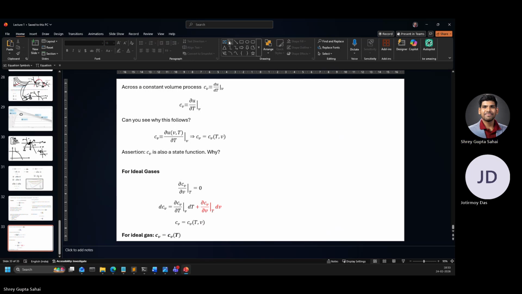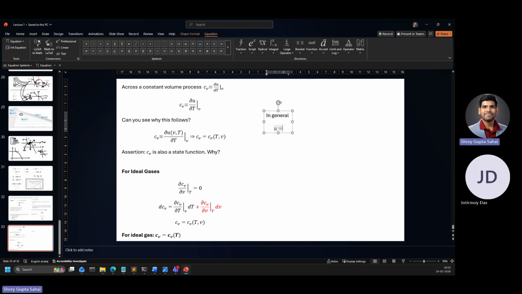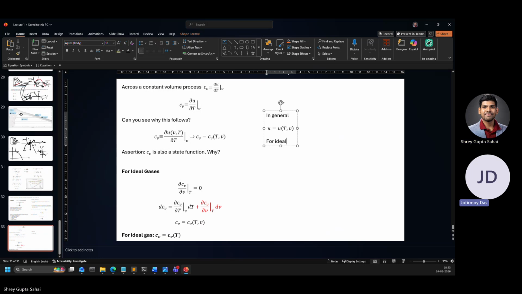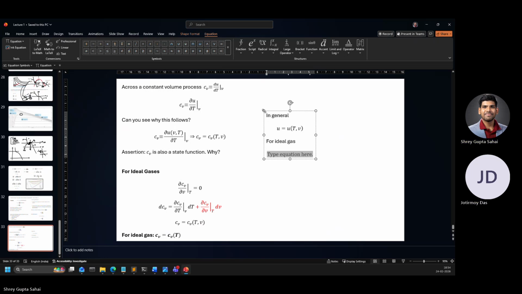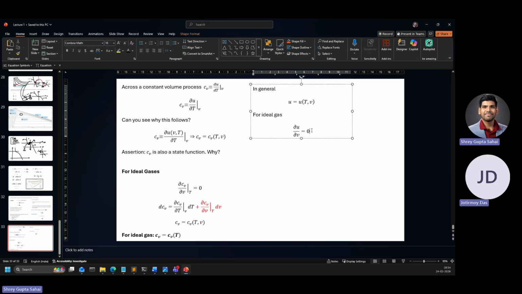What I am saying is, in general, U is a function of T comma V. For an ideal gas, this thing follows: U stops, so the internal energy stops depending on specific volume.